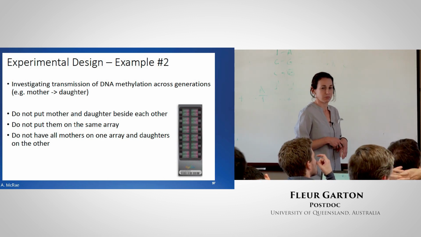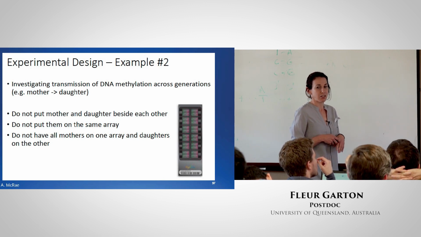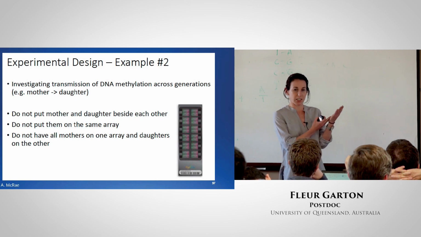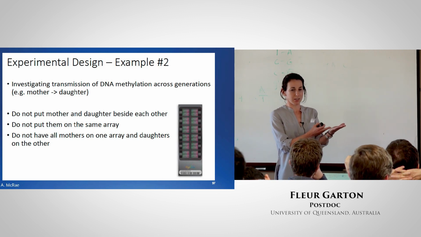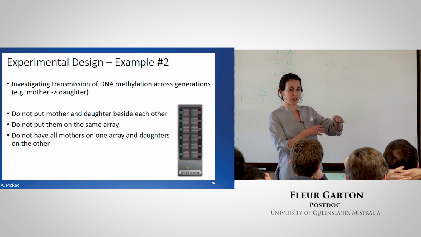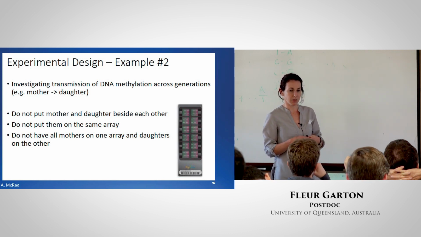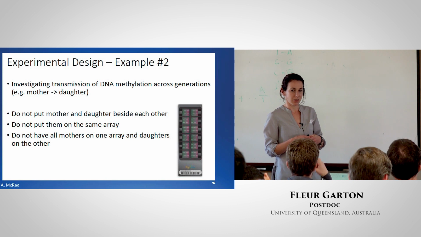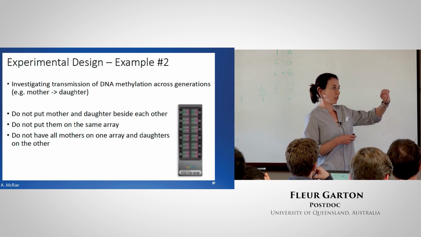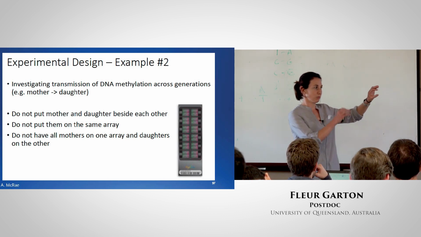Why don't you want them next to each other? Because methylation is a fluorescent reading, and there's even bias in rows when you read these chips. Because neighbors can contaminate the readings of each other, is that it? No, for example, row 1 typically is a different brightness to the bottom row.